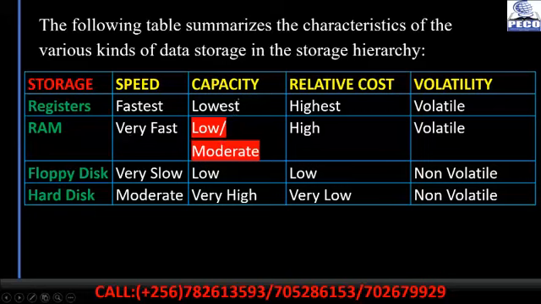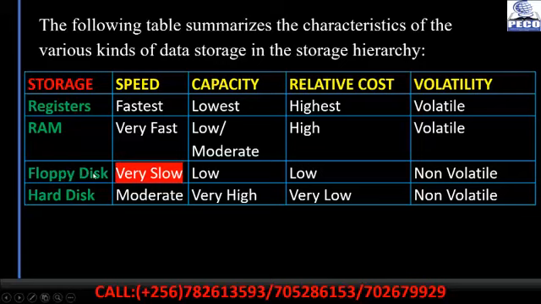While register capacity is the lowest, RAM's is moderate. Relative cost is high, but registers' relative cost is the highest. RAM is also volatile. If you put information there, you can't find it when you put back the power.